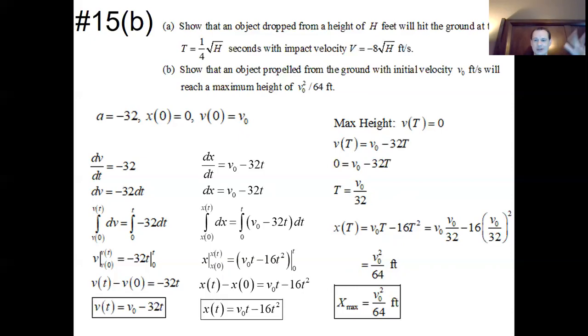If you squared it and put like terms together, it would be v naught squared over 64, which is what they want us to show. So the maximum x, the highest x it is going to reach, is just going to be v naught squared over 64. And since everything was in feet, this is a position, it's also in feet. So there is your solution for 15a and b.